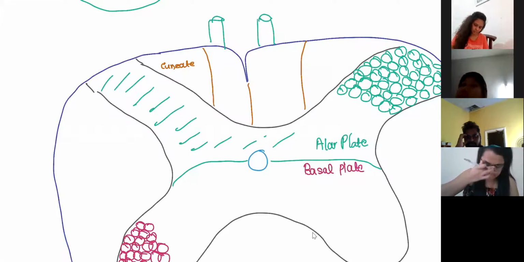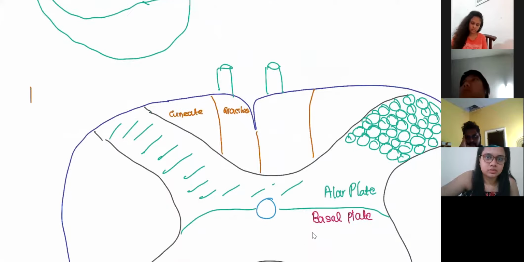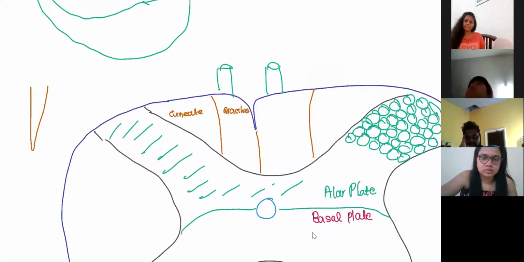So I have told you guys how to remember that. This is the gracilis column. Remember, our spinal cord is a tapering structure. It's thicker at the top, thinner at the bottom. So our legs are at the bottom area. This is where our legs are.